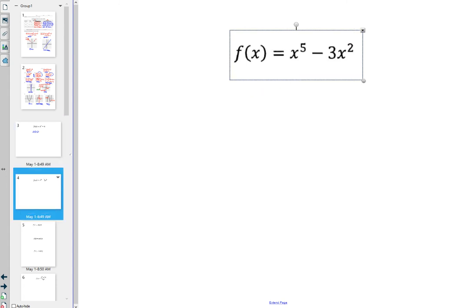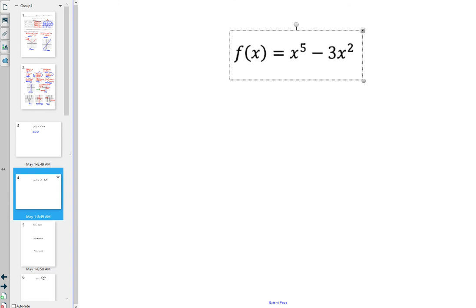Okay, this one's new. Now, Kai, is that even, odd, or neither? You say neither.